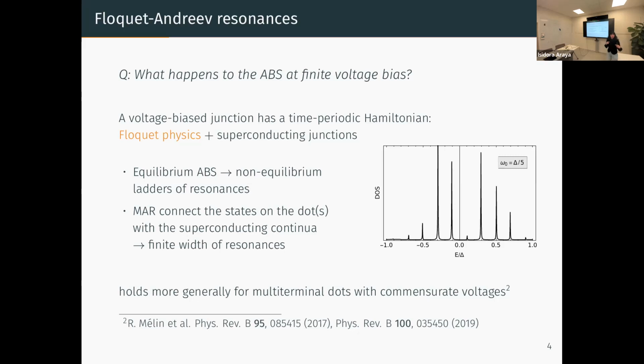But this one I think is asymmetric because I chose a configuration where I have one junction and it's biased with -V and 0. So it's like half of the Andreev molecule, and this kind of asymmetry translates in the spectrum. But if I had -V plus V, so like a symmetric junction, then I would have symmetry around 0.